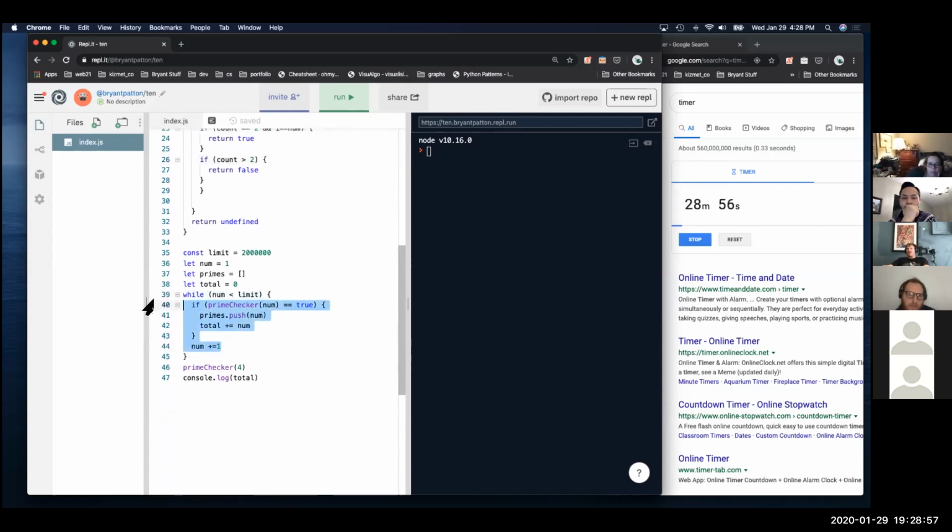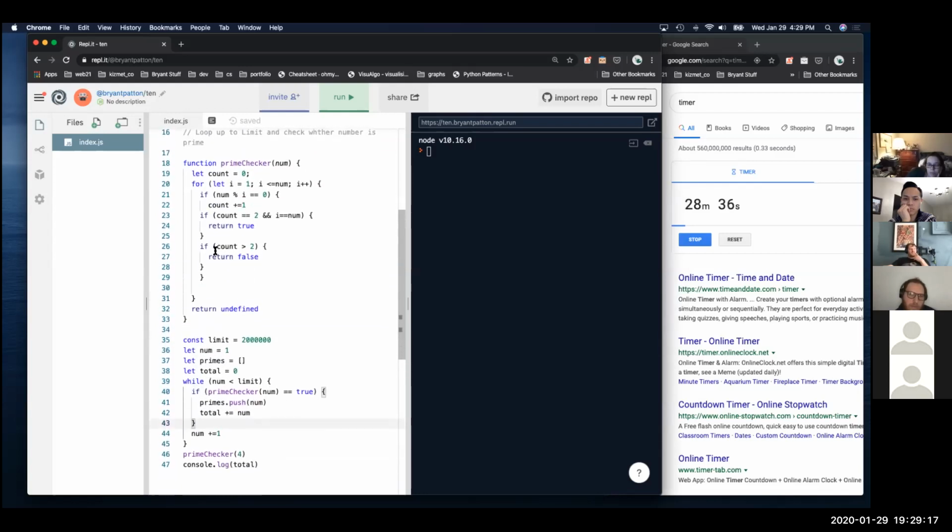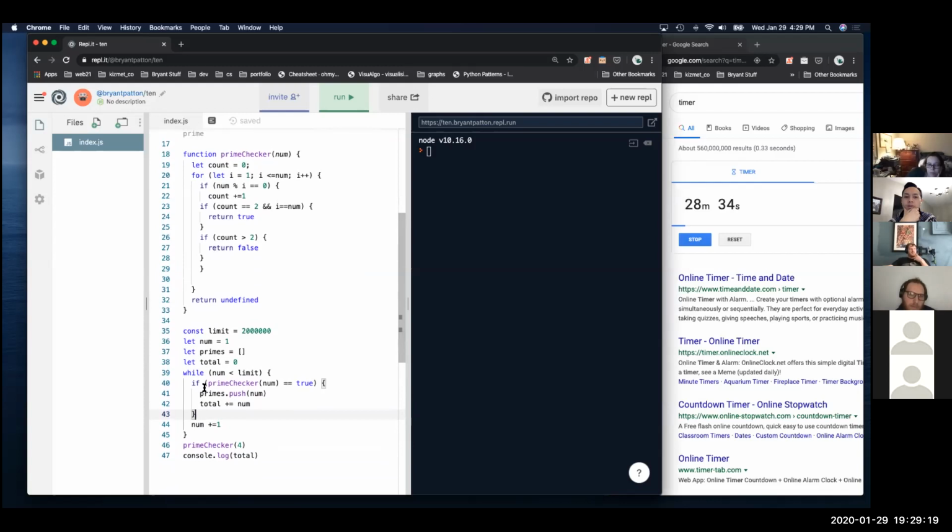So spoiler, after the call, I just fixed up some things that were off, and then just set up the while loop. It was pretty quick. Once we had the prime number checker going, the while loop was okay. Building it went fast. Running it, it took a long time.